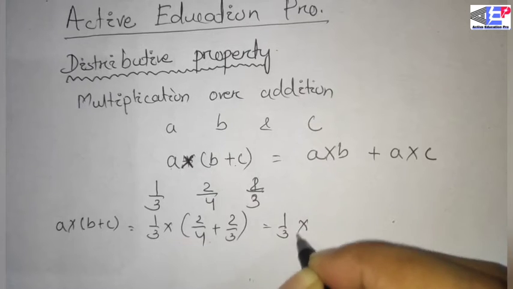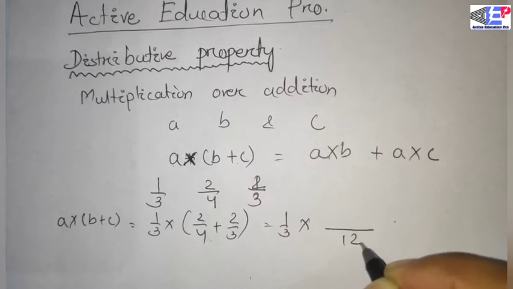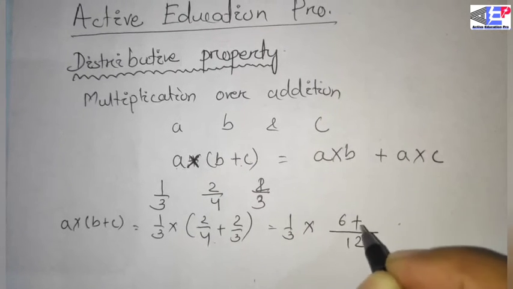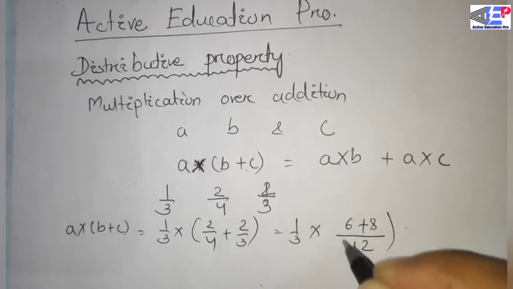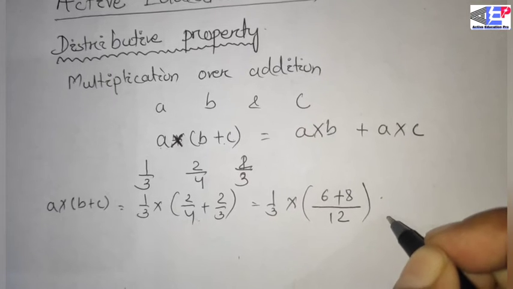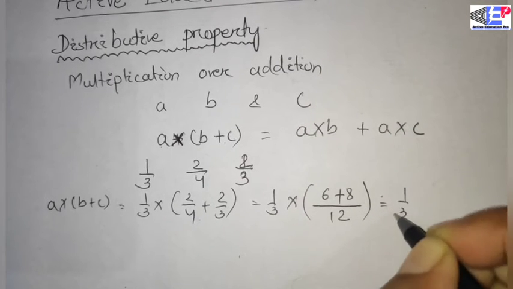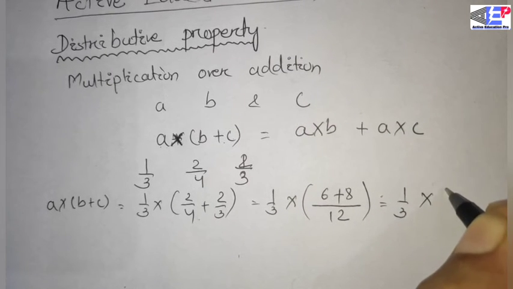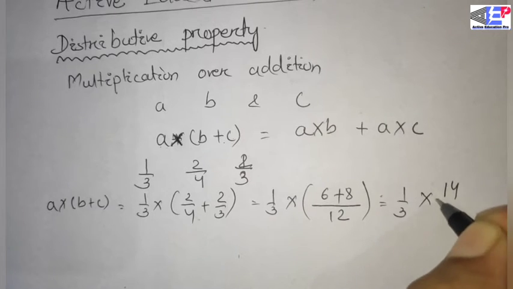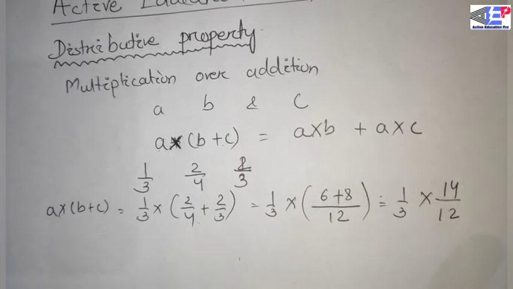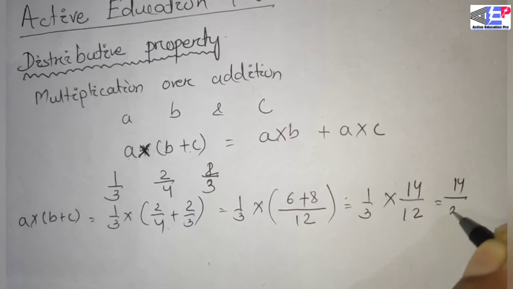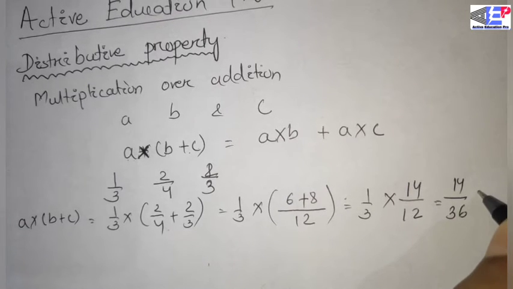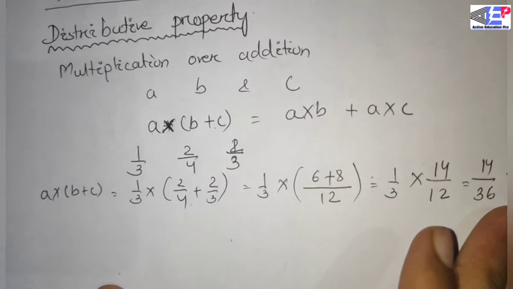Take the LCM, 12: 3 fours are 12, so 2 by 4 becomes 6 by 12, and 4 twos are 8, so 2 by 3 becomes 8 by 12. 1 by 3 into (8 plus 6 is 14 by 12). 14 by 12 times 3 is 36. So 14 by 36 is the answer for our left side.